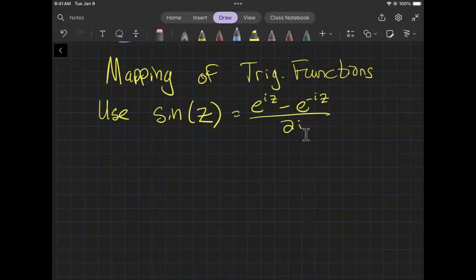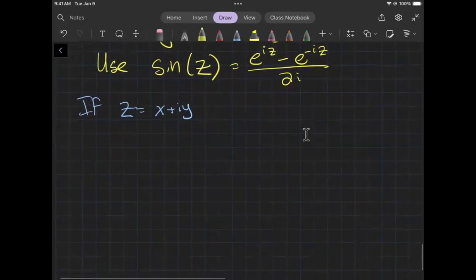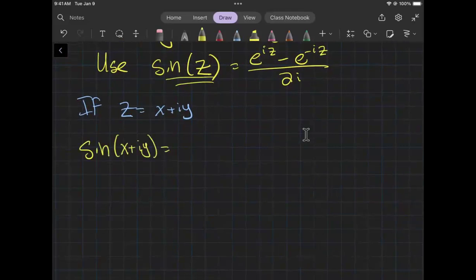And then if z equals x plus iy, our goal is to figure out the real and imaginary components for sine of z, right? So sine of x plus iy is equal to e to the i times x plus iy minus e to the minus i times x plus iy, divided by 2i, right?